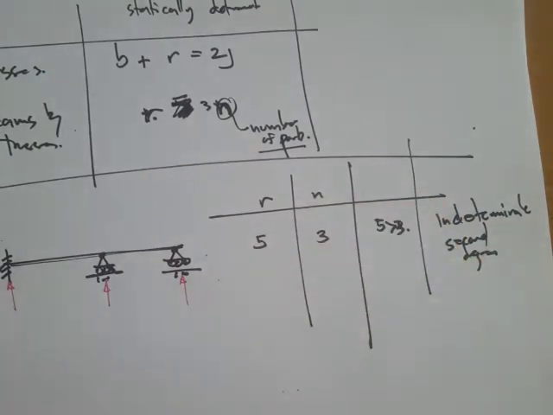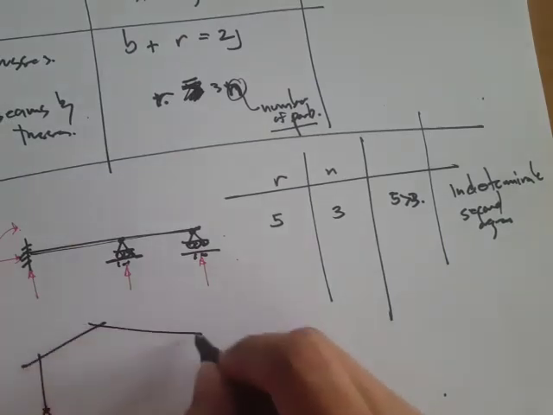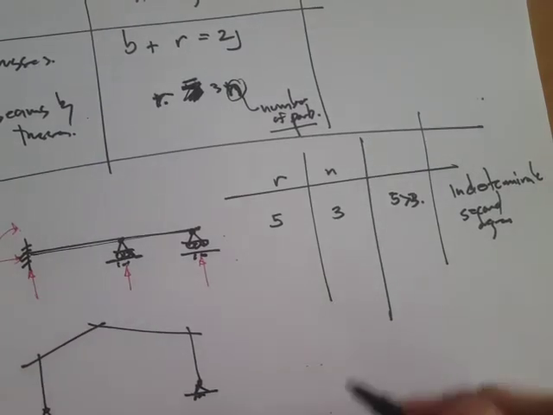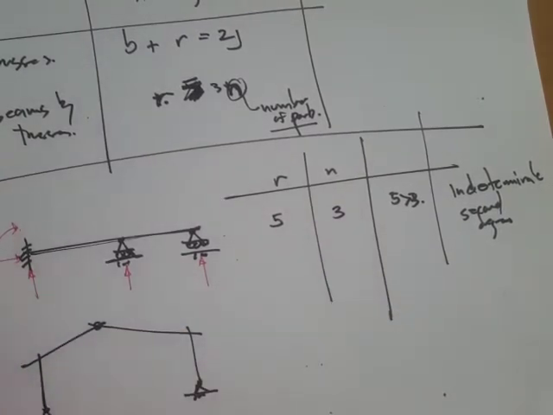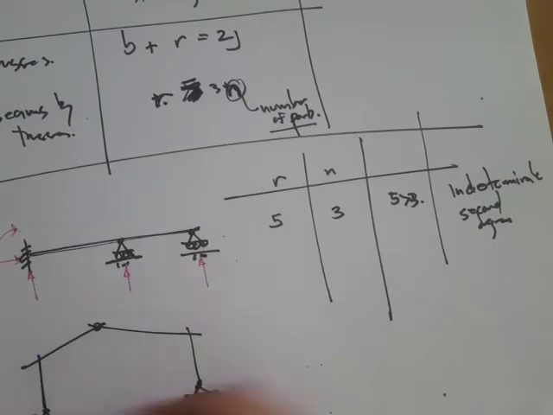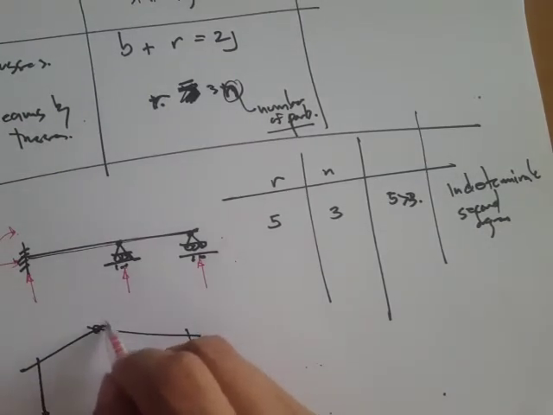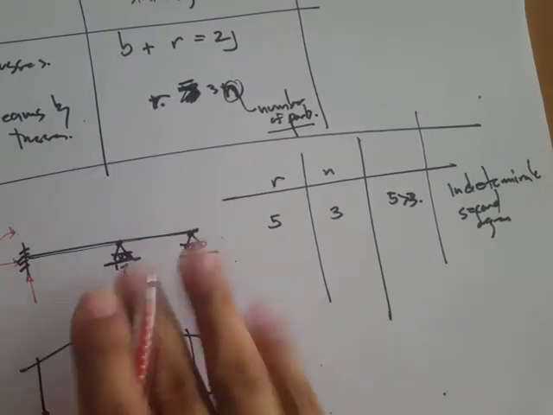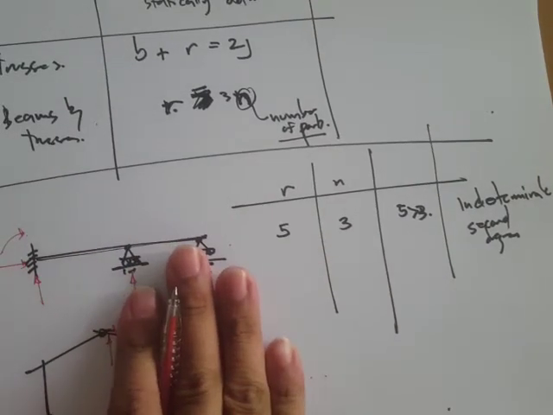Okay, so for the frame, for example, so let's put an internal hinge here. Okay, so we have 1, 2, 3, 4, but since it's an internal hinge, then that's another. Okay, so we can have a cut here, showing only this side.